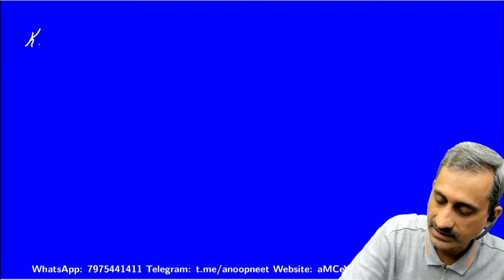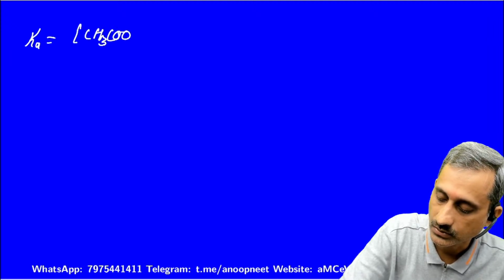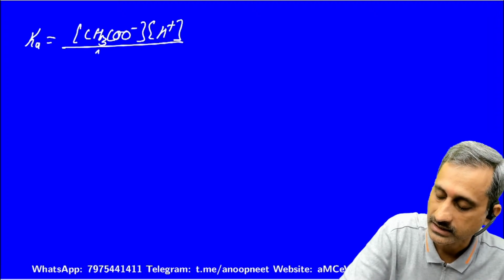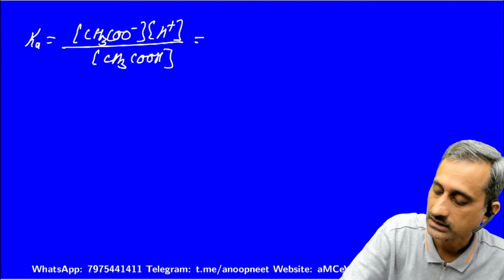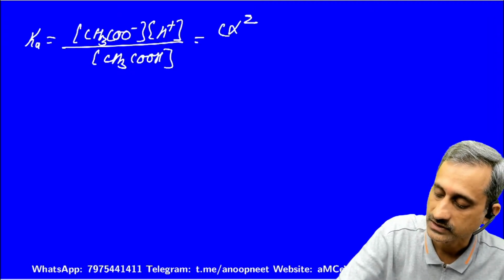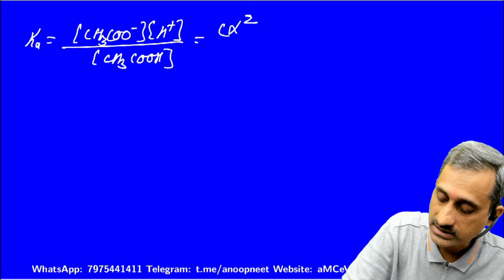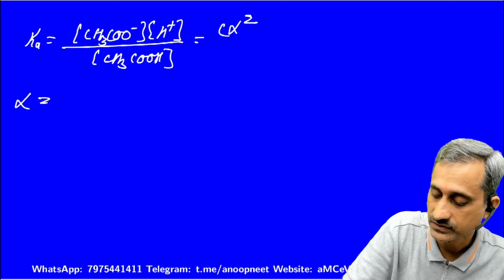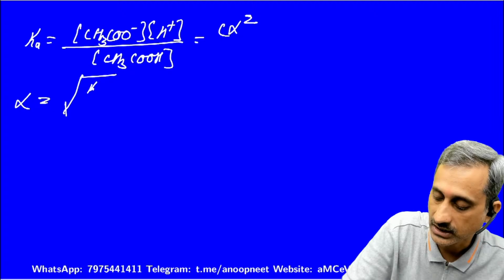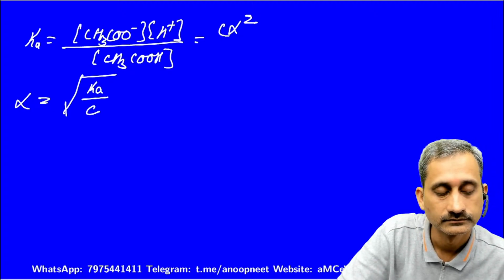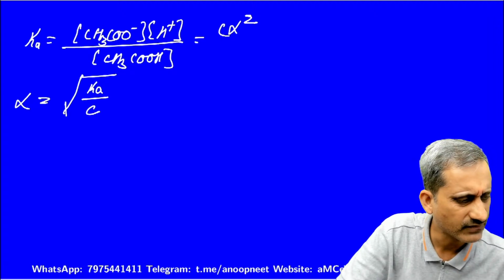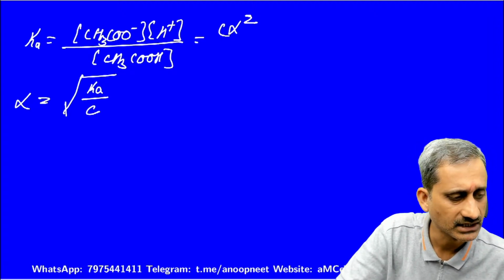So we have Ka is equal to concentration of CH3COO minus into concentration of H plus divided by the concentration of CH3COOH. That is equal to C alpha square. Now what is alpha? Alpha is going to be equal to under root Ka by C. The same thing what we have done with water, we are going to do here as well.